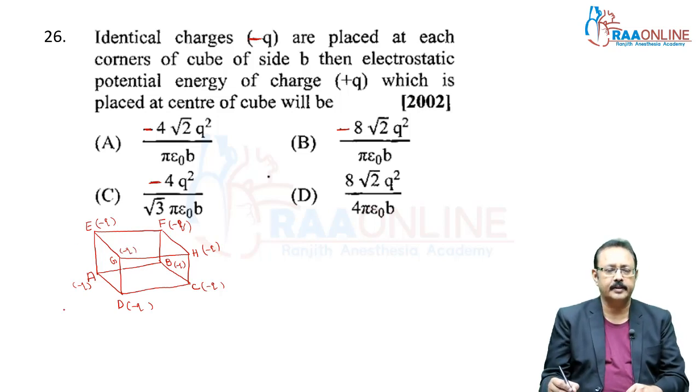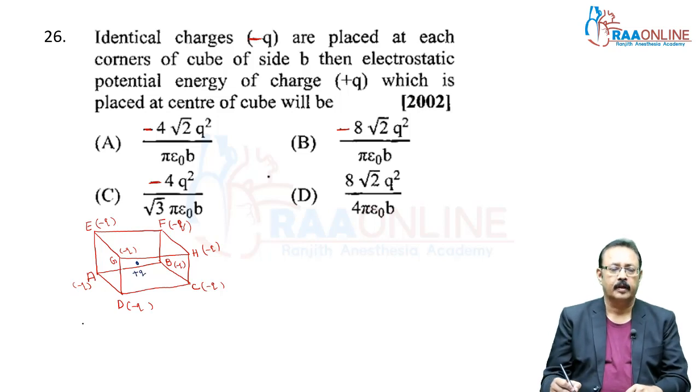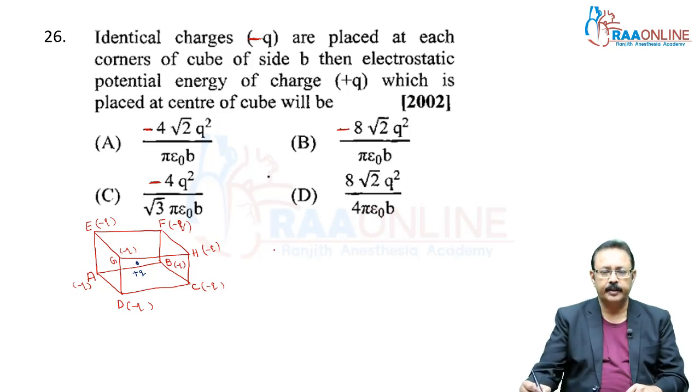All 8 charges, but at the center you put one different charge, that is plus q. It is the center of your cube, and you put the plus q charge at this point. So total energy should be 8 times the energy of one pair.